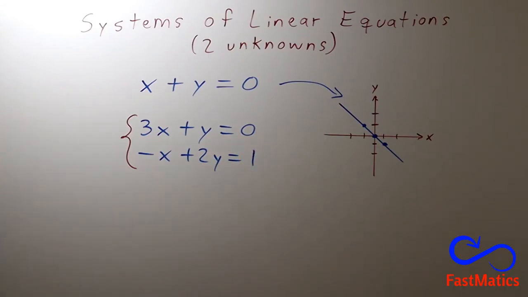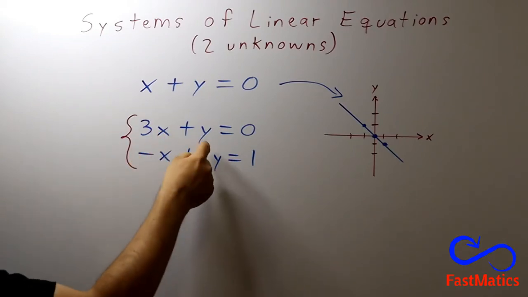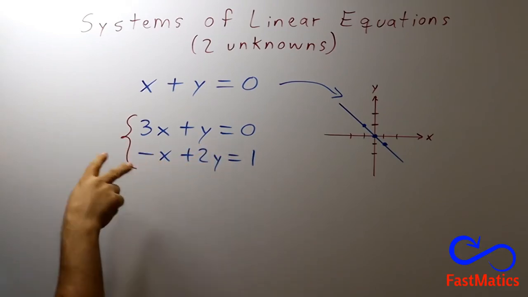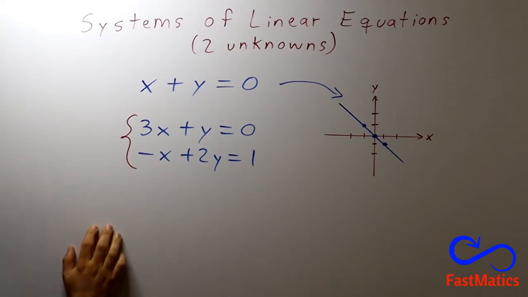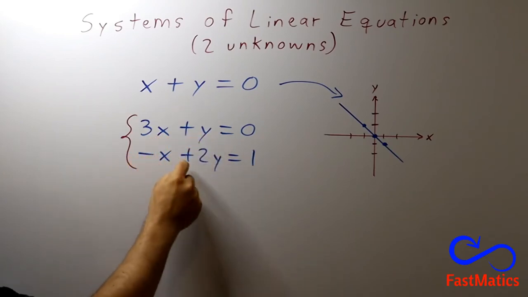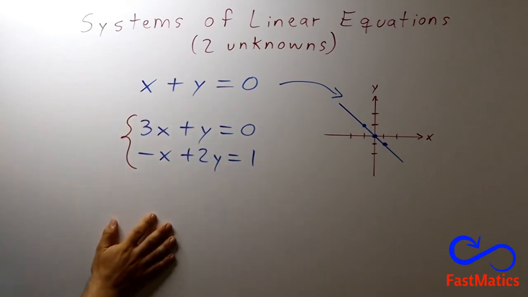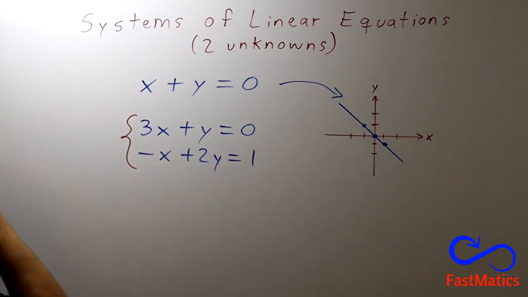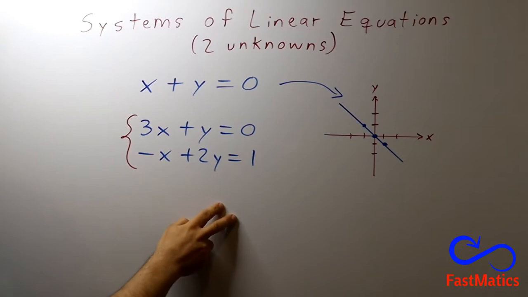Then you need to know what's the value for x and what's the value for y that will work for both equations at the same time. If you have two unknowns, you will always be able to graph it in 2 dimensions. And you will maybe be able to find one solution that is a common point for both equations.